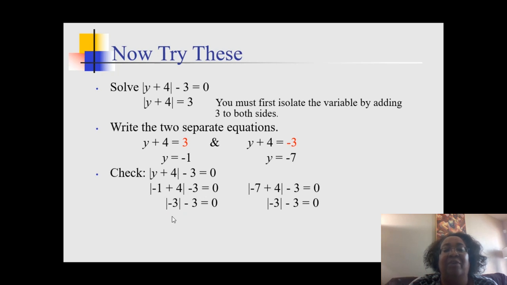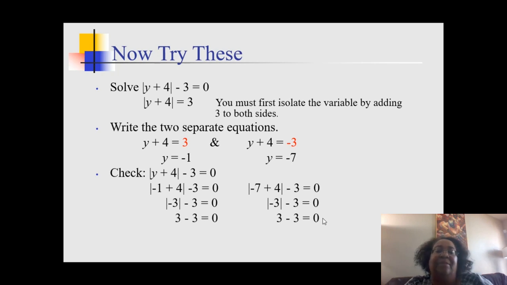So the absolute value of negative 3 is 3. And in this case, it actually should be positive 3, which is 0. Okay, so 3 minus 3 is 0. And the absolute value here for the negative 3 is going to also be 3, which is 0. So they both check. 3 minus 3, 0, 3 minus 3, 0, they both check.